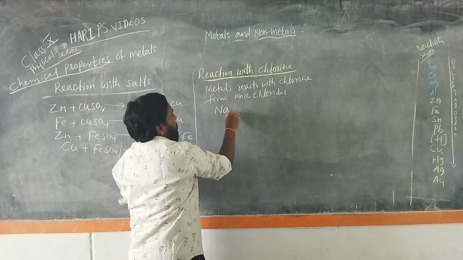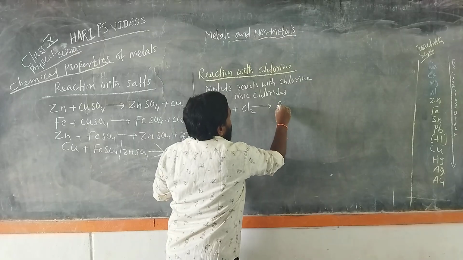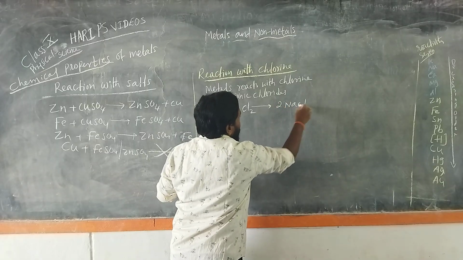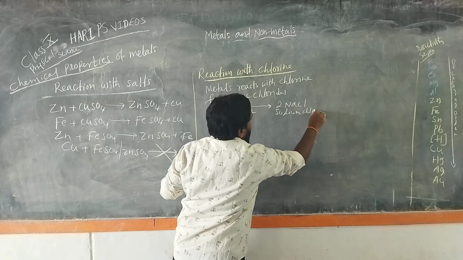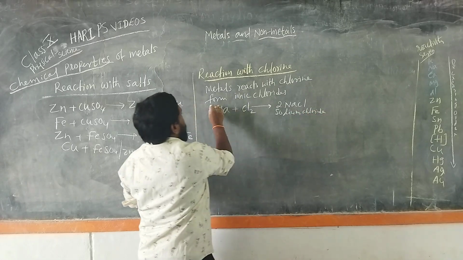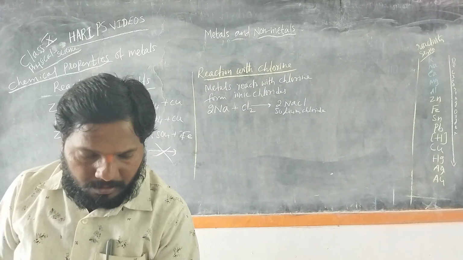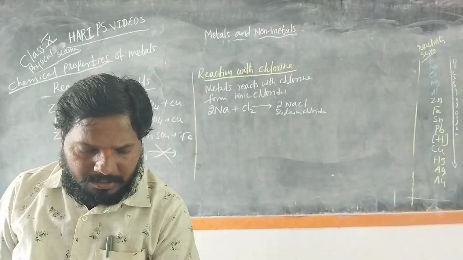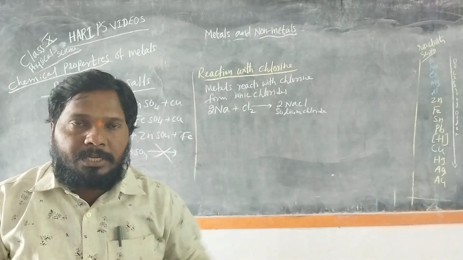When sodium reacts with chlorine, it gives us sodium chloride. A metal atom loses electrons and becomes a positively charged ion.